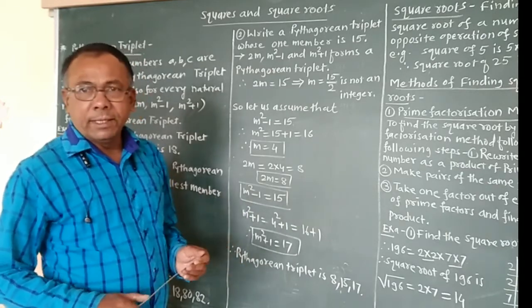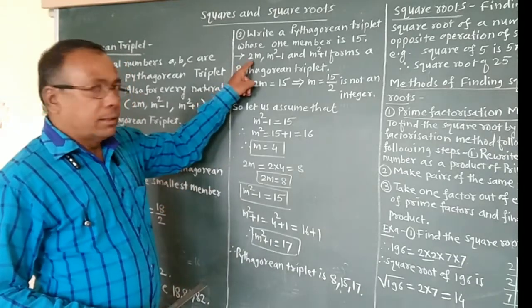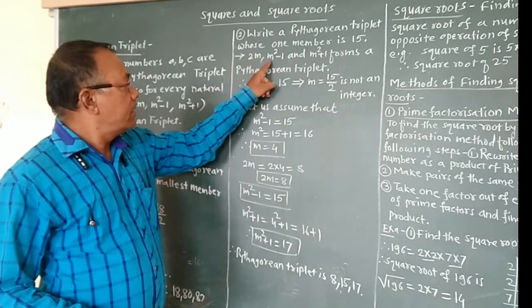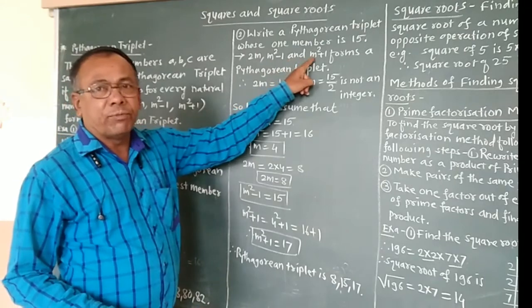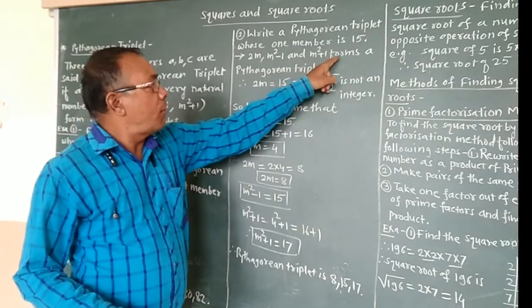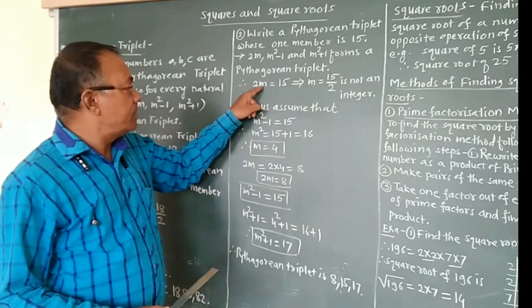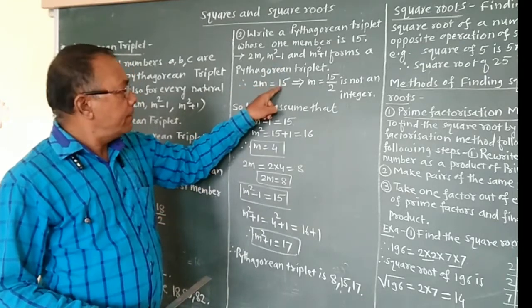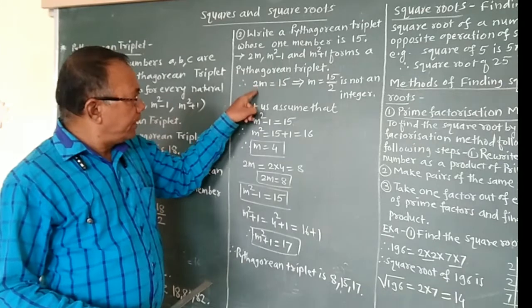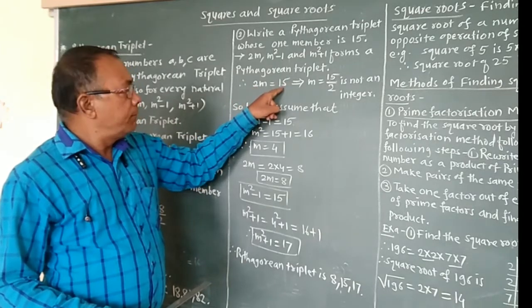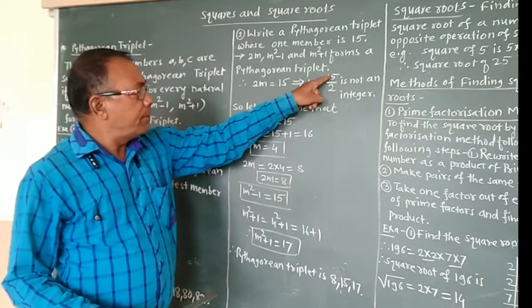If we substitute 2m is equal to 15, then 2 will divide the 15, so m is equal to 15 upon 2.